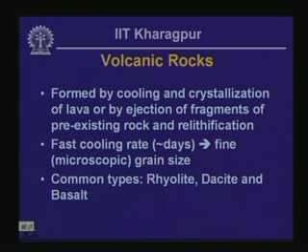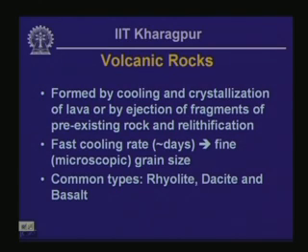The lava in fact cools within a few days or a few months in this case, which is relatively quick in geologic terms, and as a result the grains that these rocks are comprised of are microscopic or very small in size.